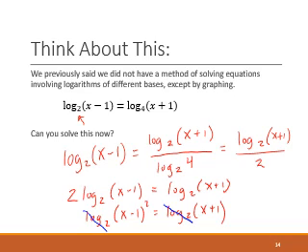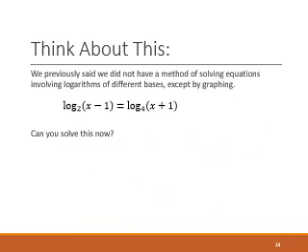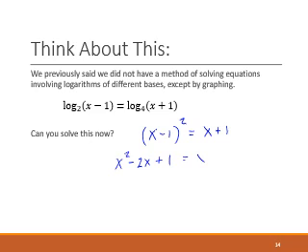So let's clear the board and finish that. Okay, so we had x minus 1 squared equals x plus 1. X minus 1 squared would be x squared minus, don't forget to FOIL that, so it's x squared minus 2x plus 1.